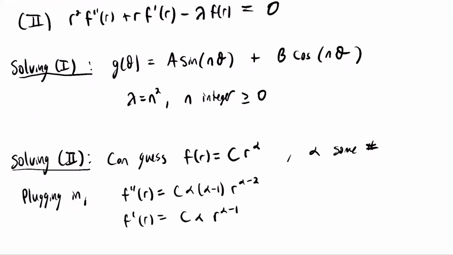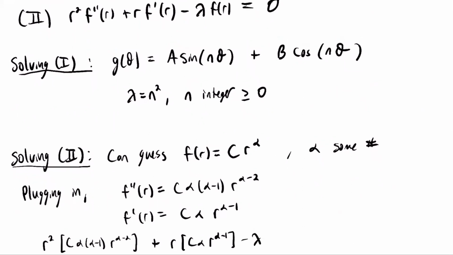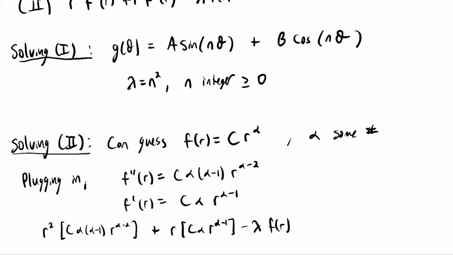If I plug these into our equation, we end up with r squared times c alpha times alpha minus 1 r to the alpha minus 2, plus r times c alpha r to the alpha minus 1, and then minus lambda f of r, all equal to 0. Sorry, f of r is just c times r to the alpha.